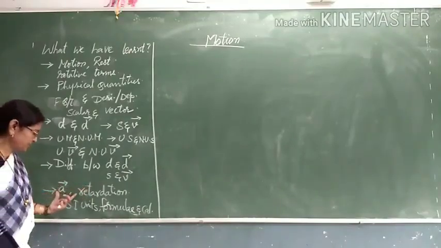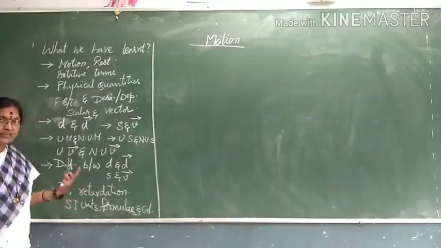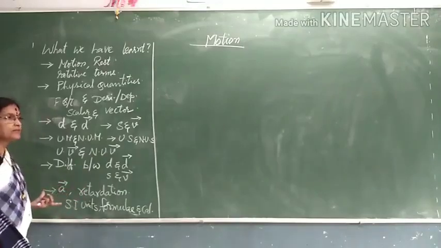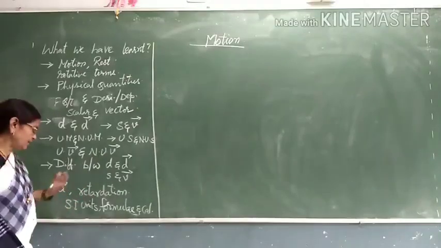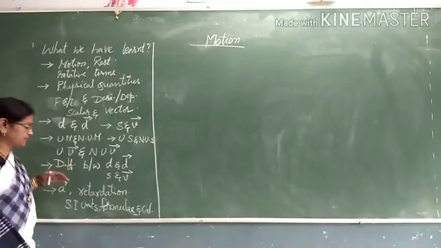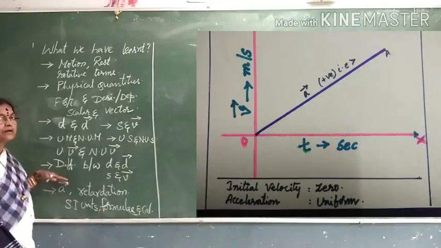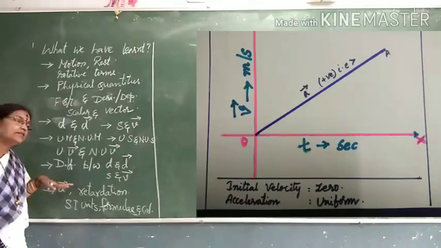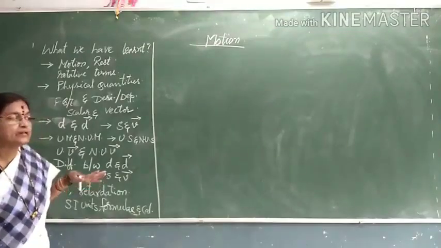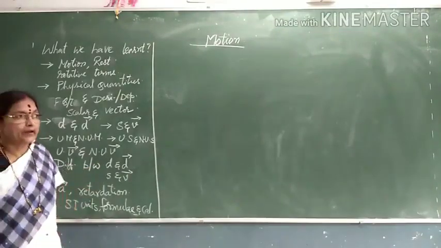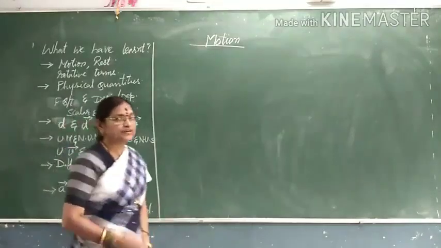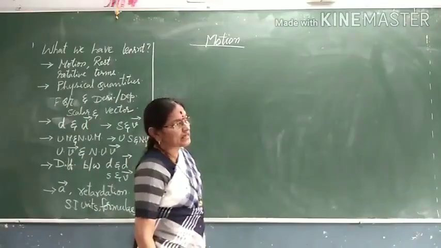If positive acceleration is there, it is called increasing velocity. The body is going with high acceleration, for example, a train. Same way, another example: suppose you have thrown an object vertically upward.